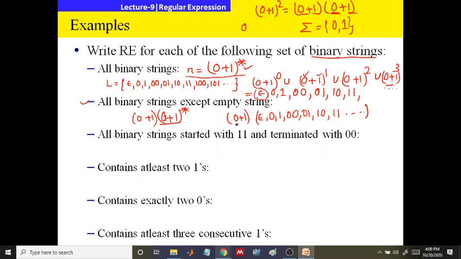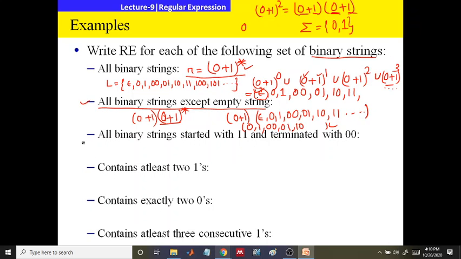So what you will get: 0 concatenated with epsilon you will get 0, 1 with epsilon you will get 1, 0 with 0 you will get 00, 0 with 1 you will get 01, 1 concatenated with 0 you will get 10. So you will get all the strings but excluding the epsilon string. So here (0+1) concatenated with (0+1)* will accept all the binary strings except the empty string.